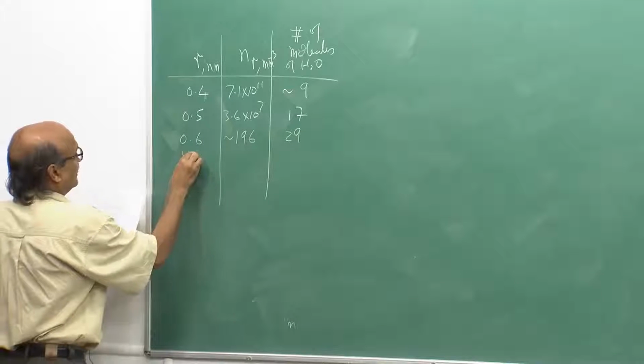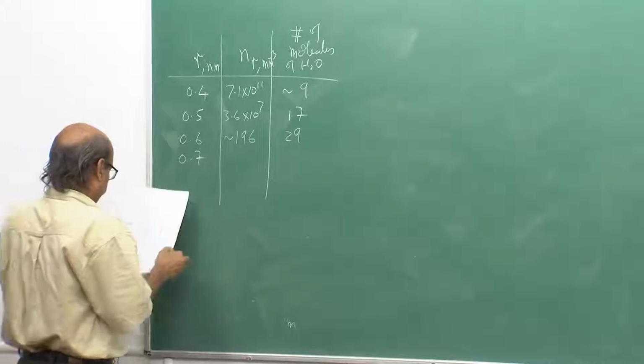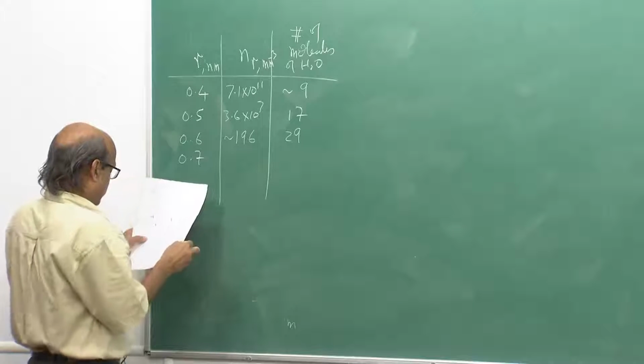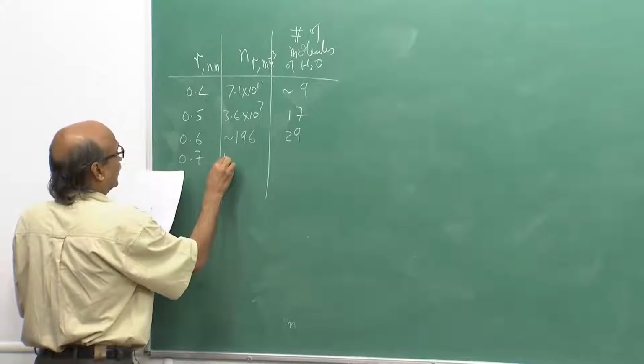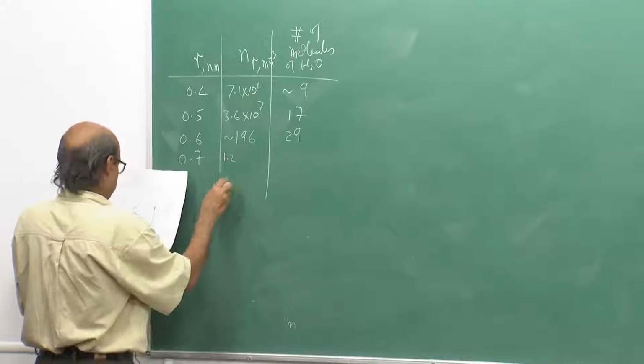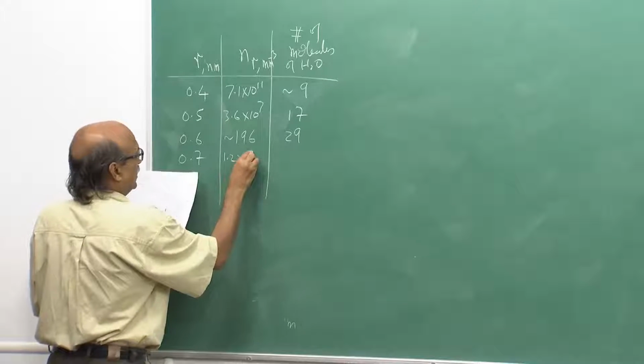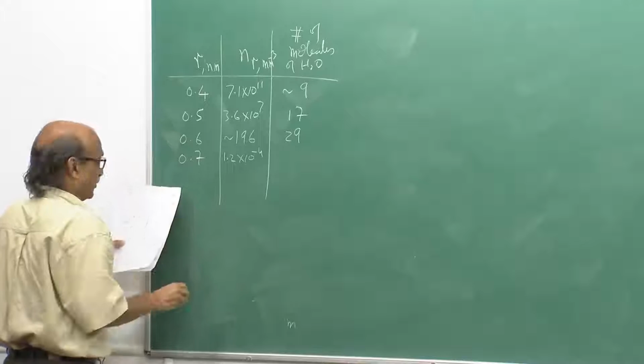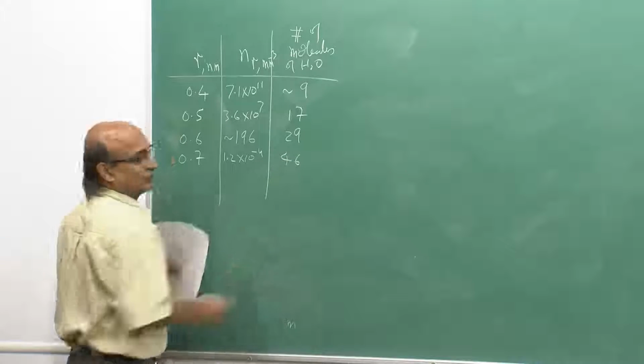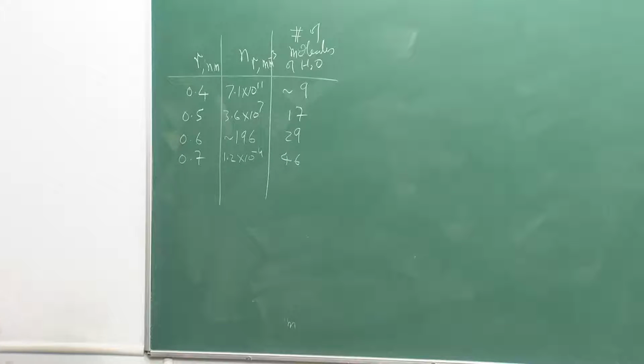If I go to 0.7 nanometer size, then the NR, the density, becomes 1.2 into 10 to power minus 4, and 46 molecules coming together.